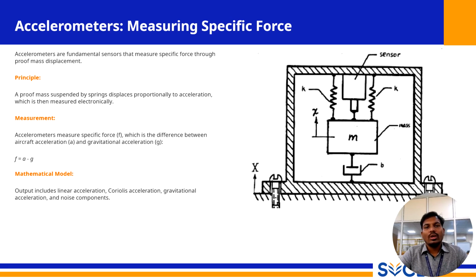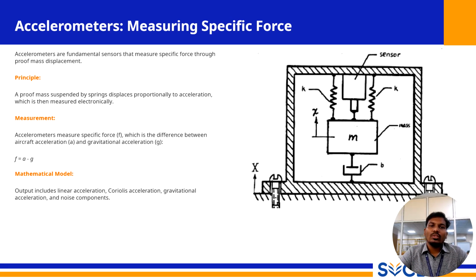For example, if a drone is sitting perfectly still on the ground, its aircraft acceleration A is zero. However, the accelerometer will not read zero. Gravity is pulling its proof mass down, and the sensor measures the equal and opposite force from the internal spring holding it up. Therefore, it will report an upward acceleration of 1 g.